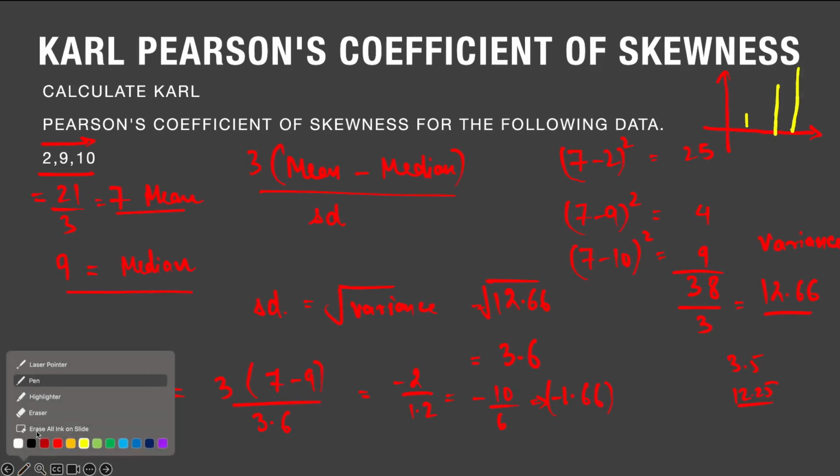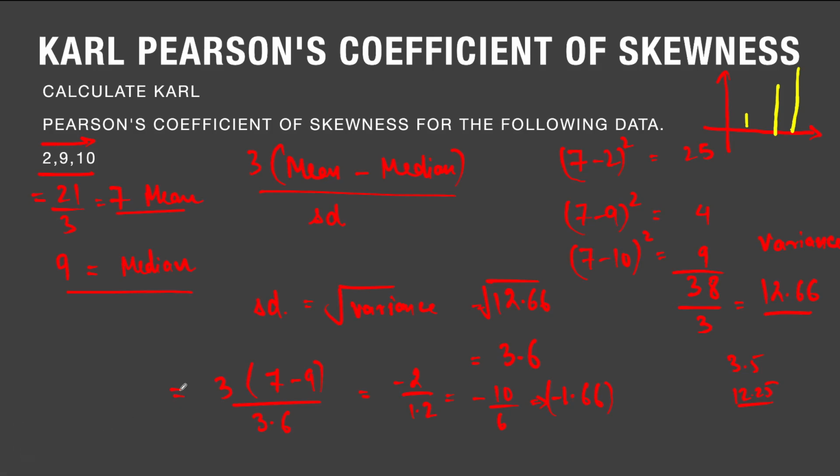If you plot a proper graph of it, you would see that the tail is here towards the left hand side. So this proves our point that this is a negatively skewed graph.